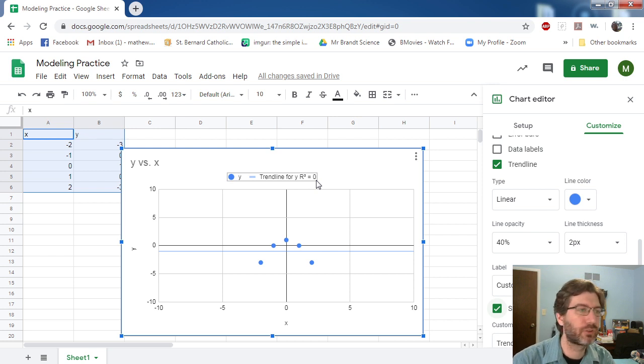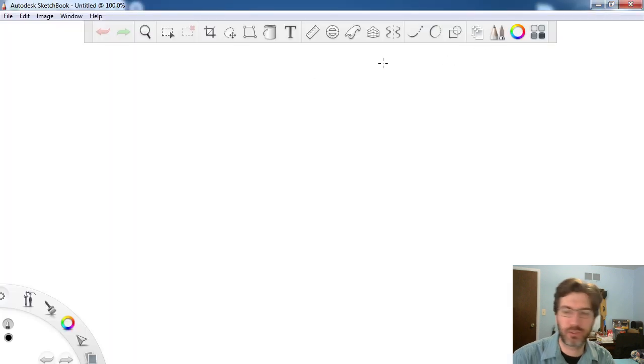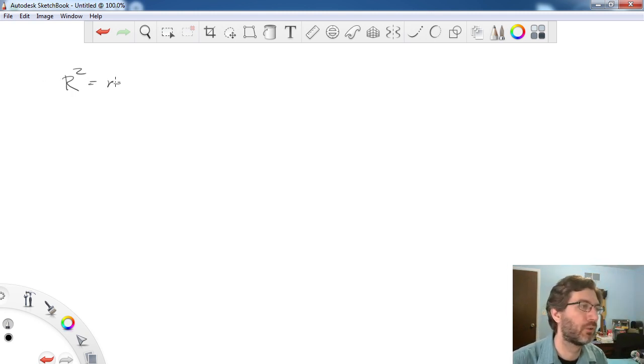When it comes to regression coefficients, I'm going to bring my sketchbook back up in a second so I can write this. Let's get a new one though. So when you have R squared, which you're not going to be asked to find, you're going to have the computer find it for you, R squared is your regression coefficient.